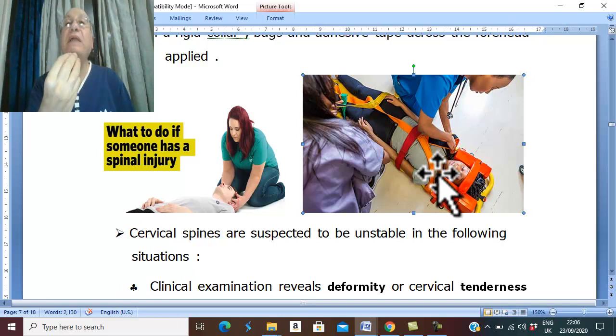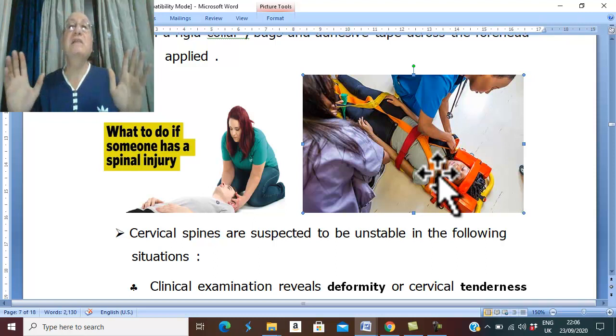The odontoid view is taken through the open mouth to see the first 2 cervical vertebrae, atlas and axis. This is called the odontoid view. This is the first step, the primary survey, which starts with airway and stabilization of the cervical spine.